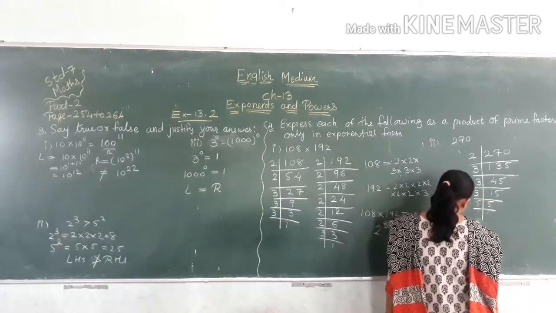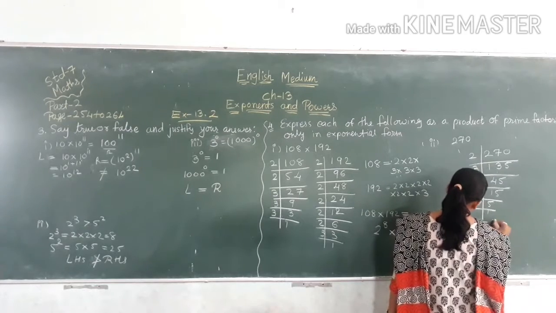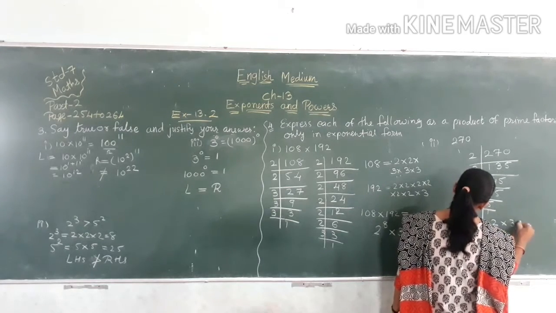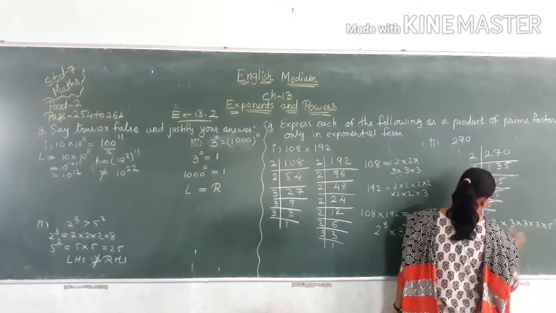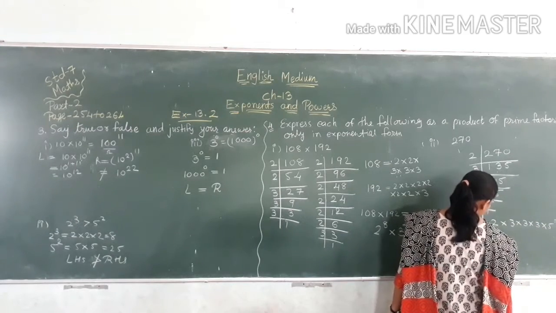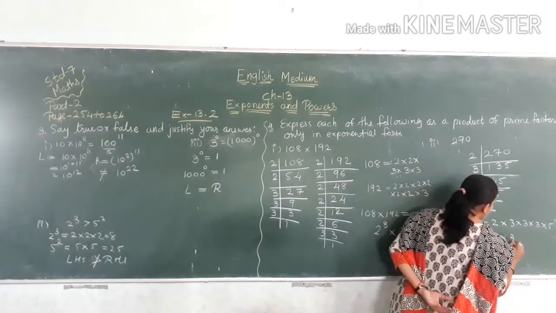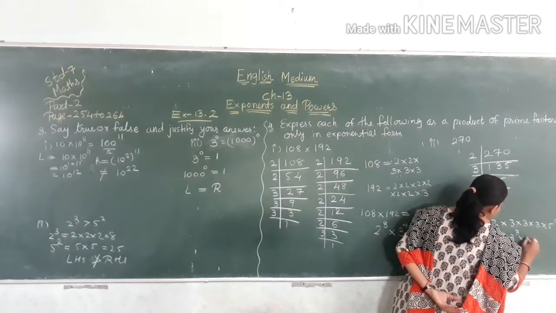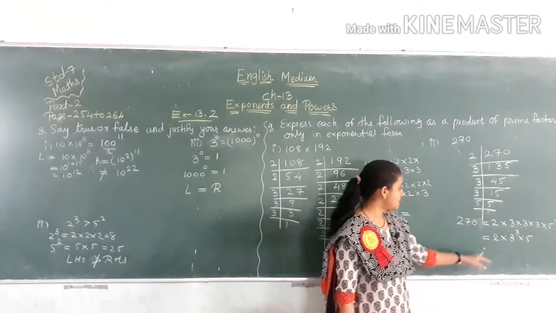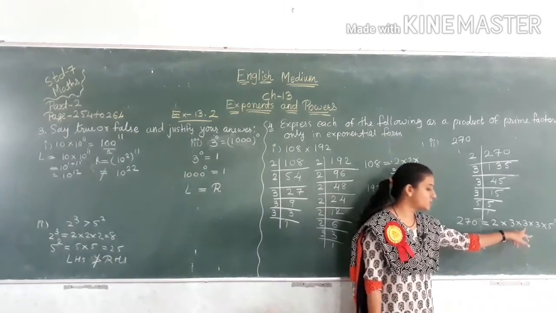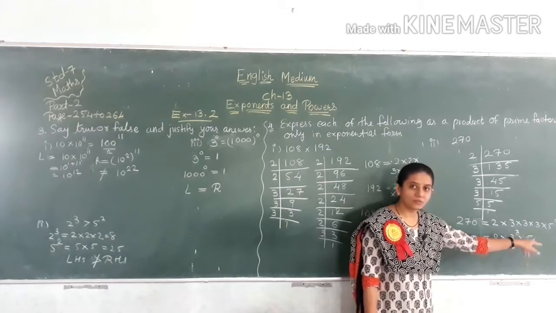Now 270 is equal to 2 multiply 3 multiply 3 multiply 3 multiply 5, which is 2 multiply 3 raised to power 3 multiply 5. The exponential form of 270 is 2 multiply 3 raised to power 3 multiply 5.